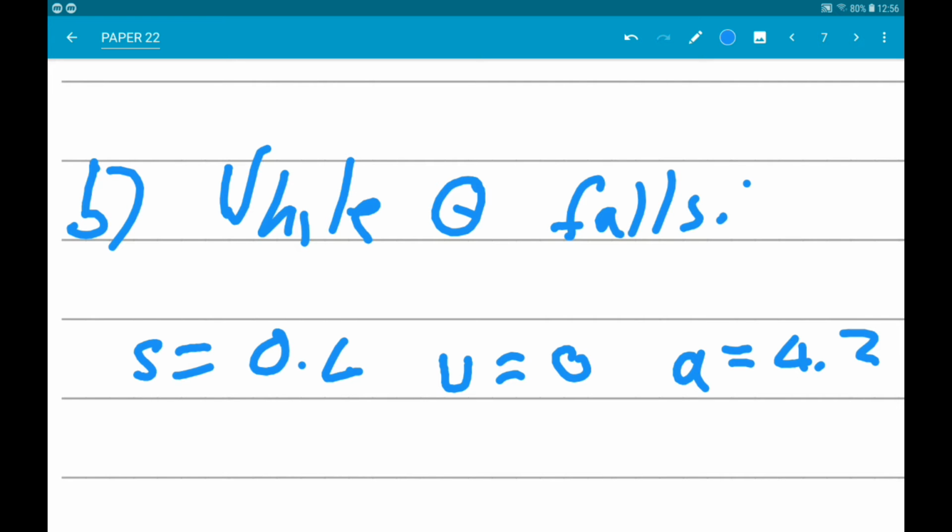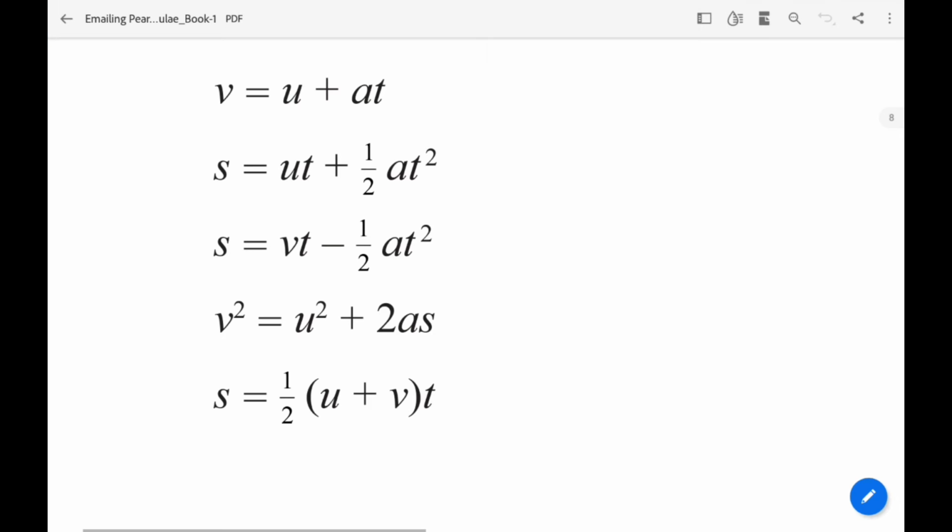So, the one we're going to use is s equals ut plus 1/2 at squared.